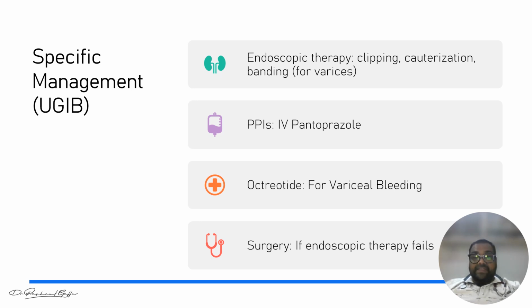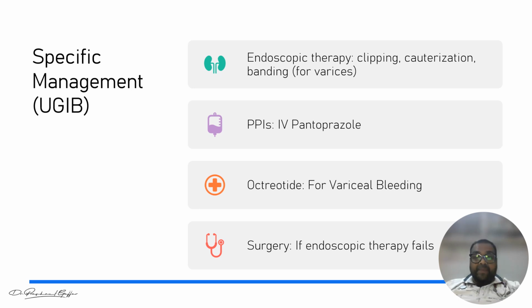If there are varices, they use banding, and it is a very easy method, and compared to surgery, it is very affordable and also non-invasive. So the first choice is endoscopic therapy for upper GI bleeding.